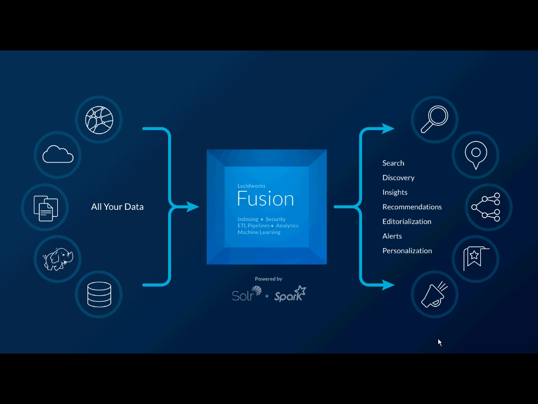So here's where we're starting to get into some of that business intelligence and some analytics that are involved, and ultimately make some recommendations to our end users, do some editorialization, alerts, personalization. All those things are sort of what comes out of the query pipeline.